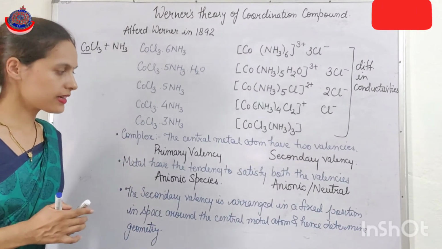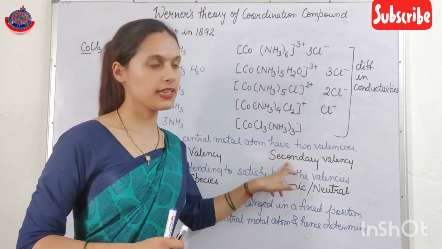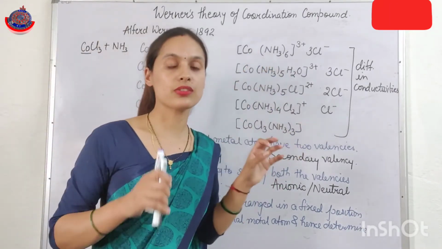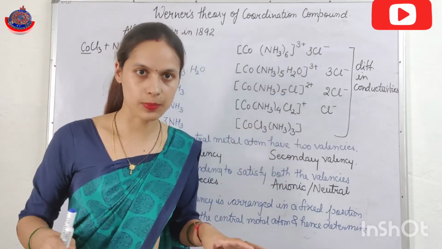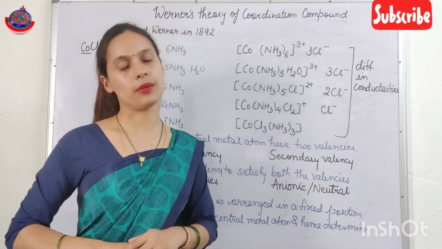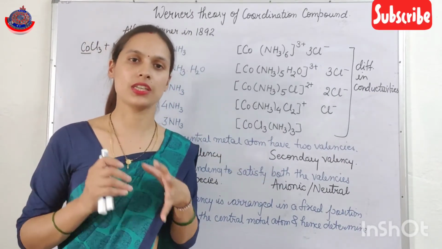Clear? The secondary valency around the central metal atom is fixed in a definite position in a space and that fixed position determines the geometry of the coordination compound.